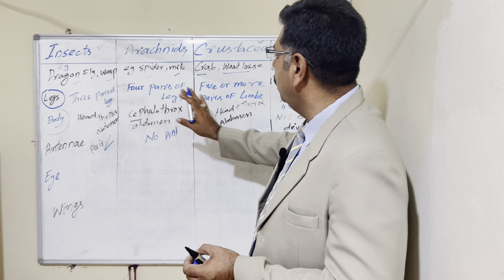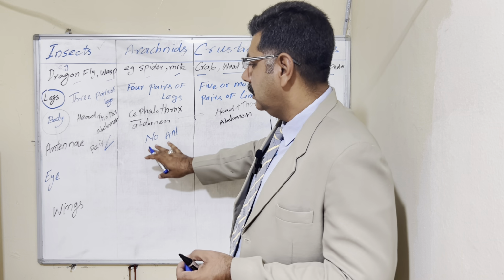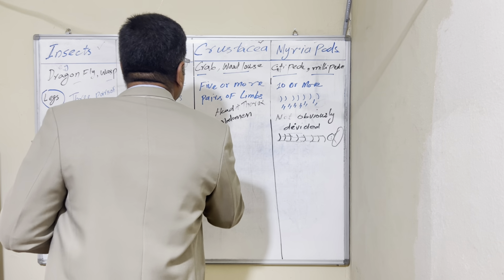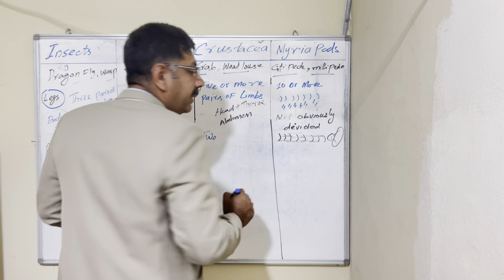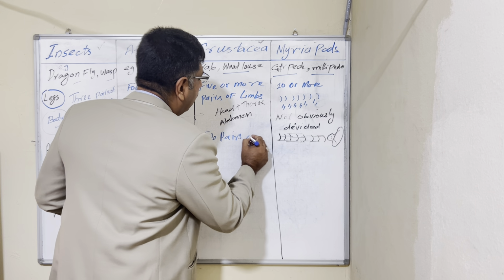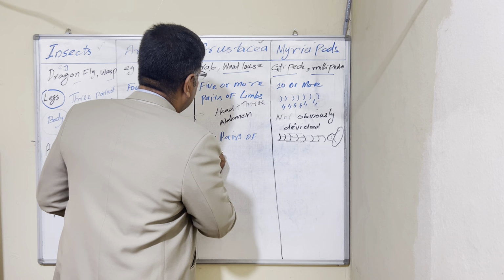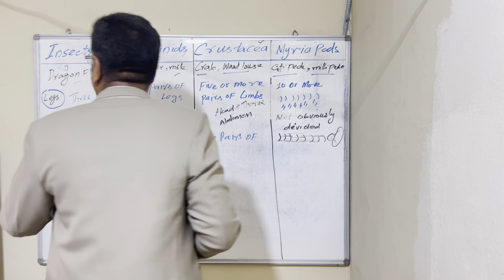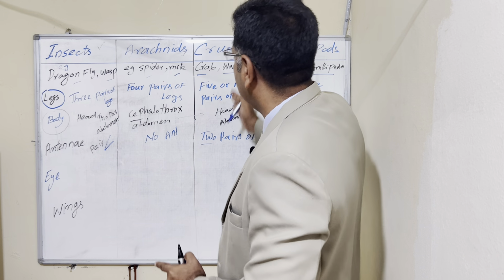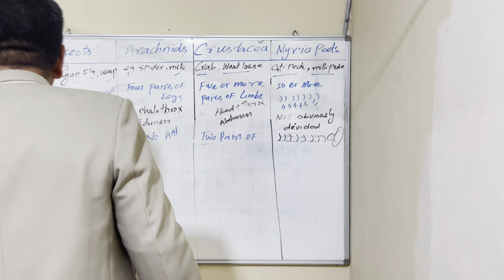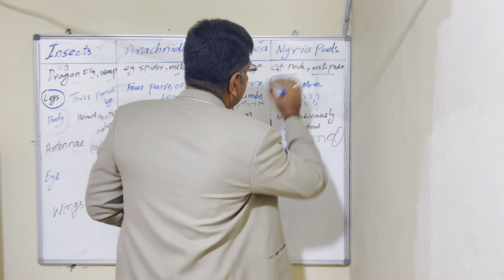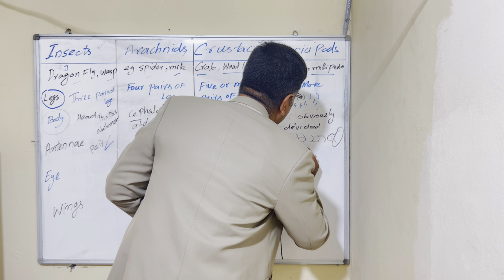So one pair of antennae here, and here no antennae, and here there are two pairs of antennae. How many pairs? Two pairs of them. We are talking about the antennae. So there are two pairs of antennae in crustacea, and one pair of antennae in myriapods.